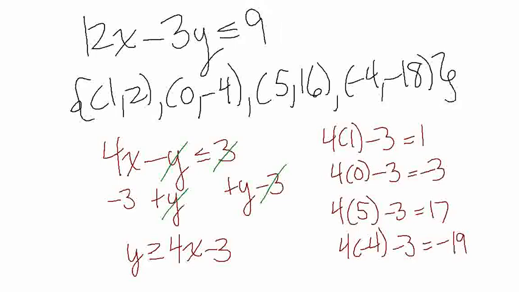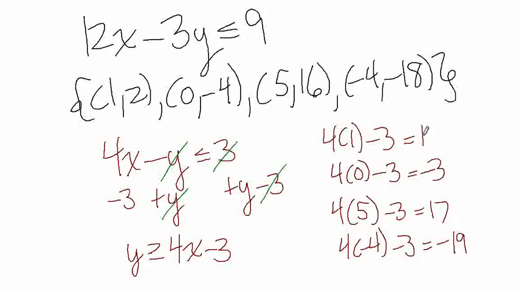Now let's see if each of those right sides is less than or equal to the corresponding y value. So we have 1, minus 3, 17, and minus 19.